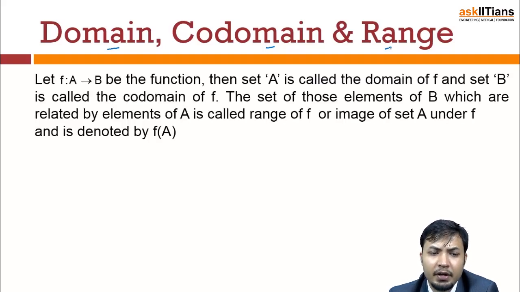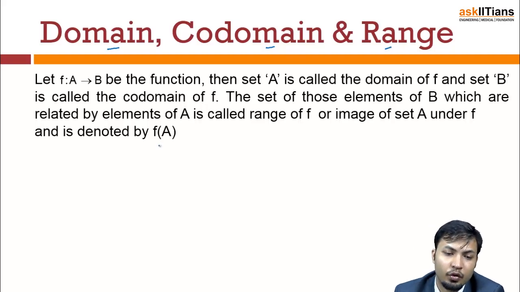Now, let there be a function, okay, from A to B. Then set A is called the domain of F and set B is called the codomain of F. The set of all those elements of B which are related by the elements of A is called the range of F, or the image of set A under F, and it is denoted by F of A.